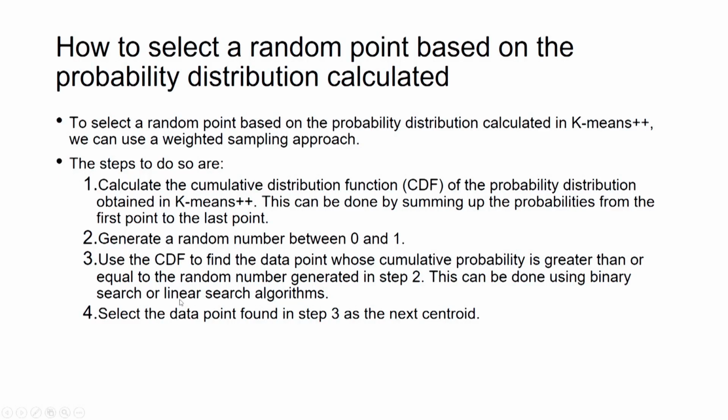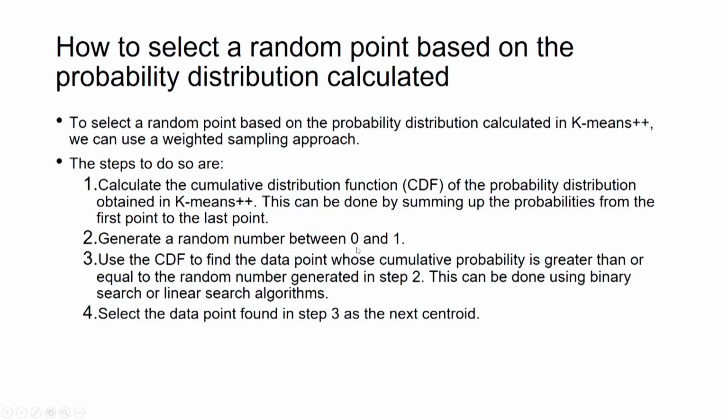So, that is why we are defining probabilities that are proportional to the squared distance of these data points to the nearest centroid decided till now. And we are not always choosing the point that is farthest from these centroids.